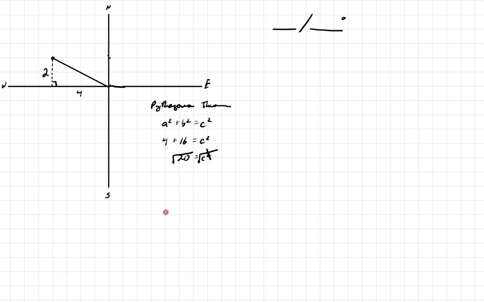So that cancels the c squared. But now we're left with the square root of 20. Now in algebra, we taught you to just simplify it to where you would pull out the factors. That would be 4 times 5. And we can get the square root of 4, which is 2. So 2 times the square root of 5 is where most of us would have stopped in algebra.